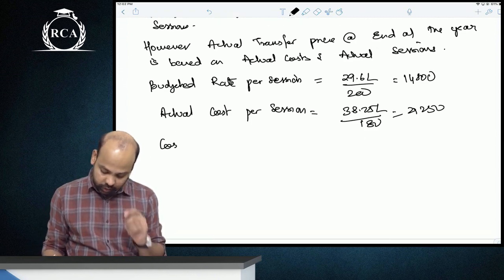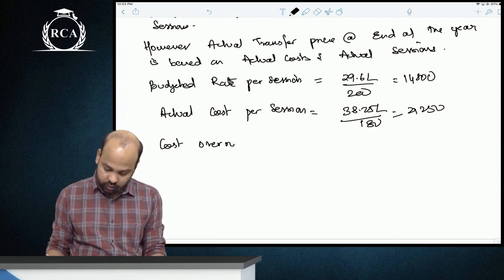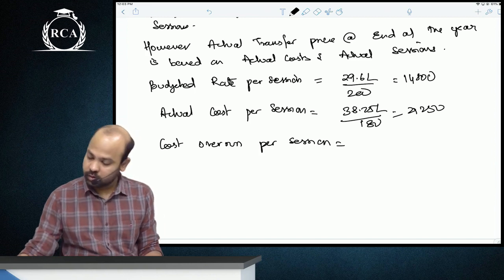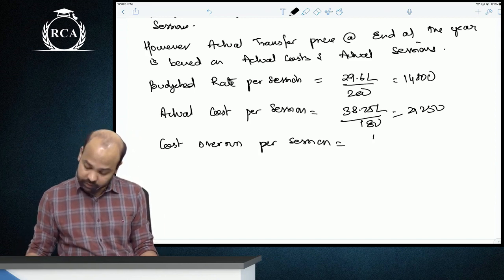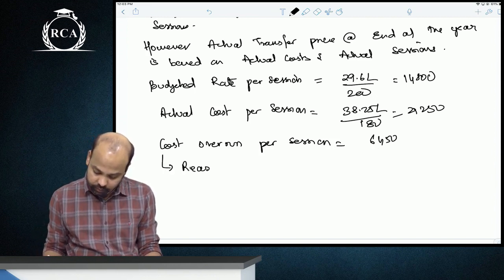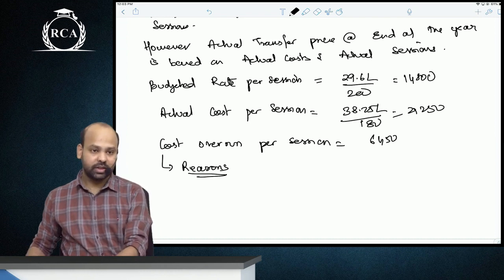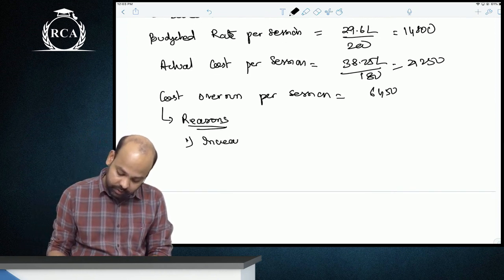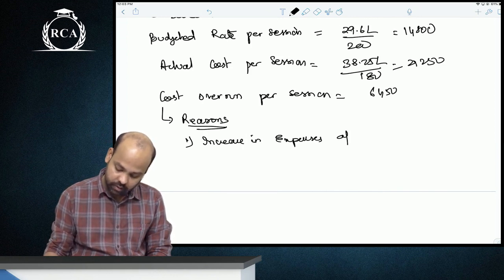The amount of cost overrun per session is 6,450. Reasons, as such, guys. One, there is an increase in expenses of the training division.